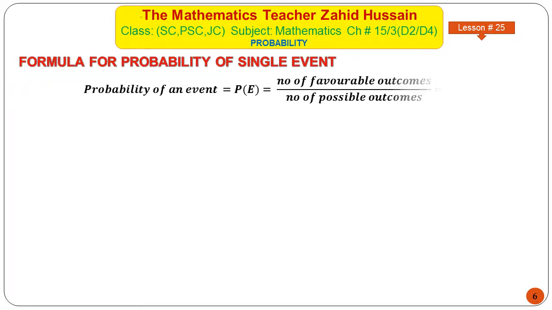Formula for probability of a single event is probability of an event is equal to number of favorable outcomes divided by number of possible outcomes. So this is the basic formula to find the probability of a single event, and the same will be used to find the probability of combined events.